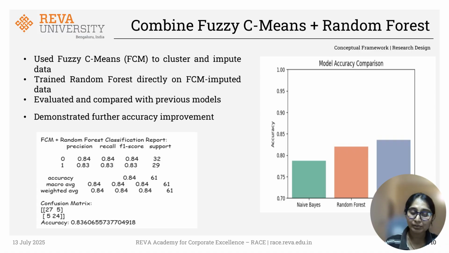Then we replaced it with the random forest, where accuracy was 82%. And after using random forest with FCM, that is fuzzy C-means clustering, we saw an increase in accuracy to 84%.